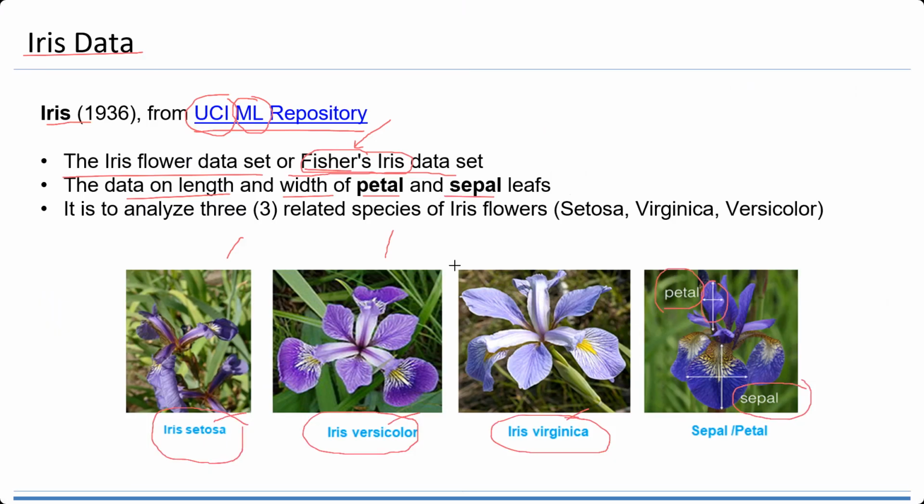In the petal, he tried to measure the length and the width. Sepal, also this one is the sepal. He also measured the width and the length. So he measured the flower one by one, and then he put it into a table.